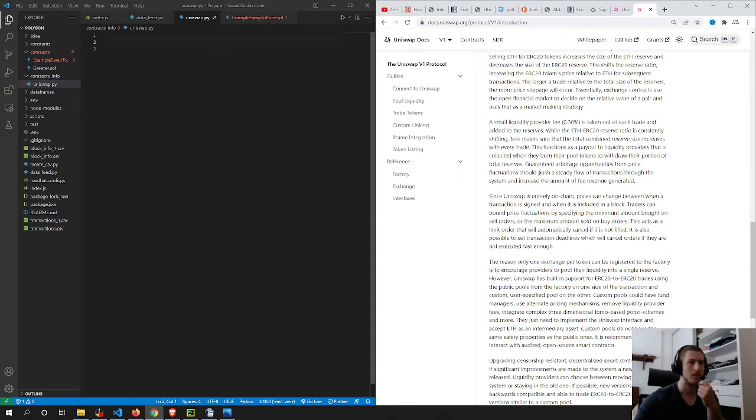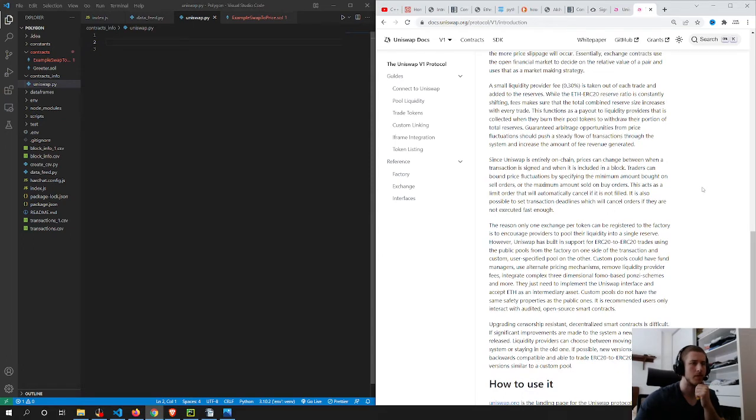This functions as a payout to liquidity providers that is collected when they burn their pool tokens to withdraw their portion of total reserves. Guaranteed arbitrage opportunities from price fluctuations should push a steady flow of transactions through the system and increase the amount of fee revenue generated.